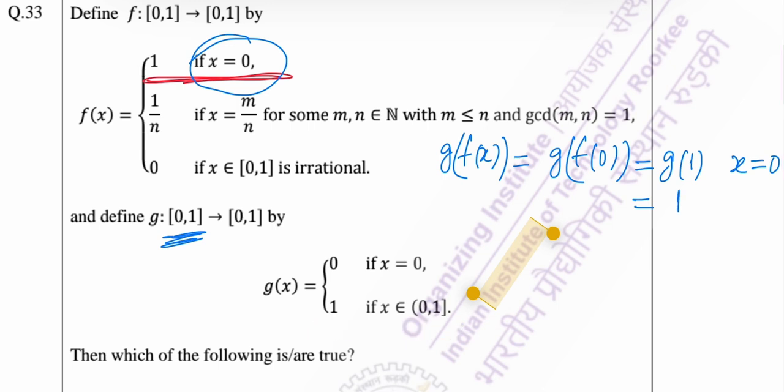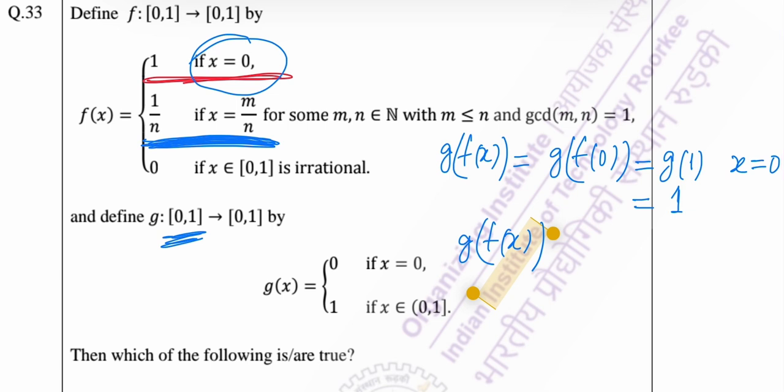So the value of g of f(x) will be 1 at x equals 0. Now I write the same, but this time we take the second condition. So this time x equals m by n.